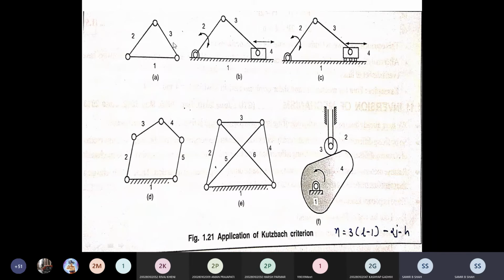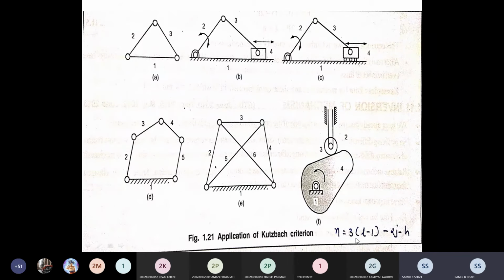Where 2 links are joined at one point, it is called a binary joint. So the equation is, as I already mentioned, 3 of L minus 1 minus 2J minus H. There is no higher pair, so H is equal to 0.